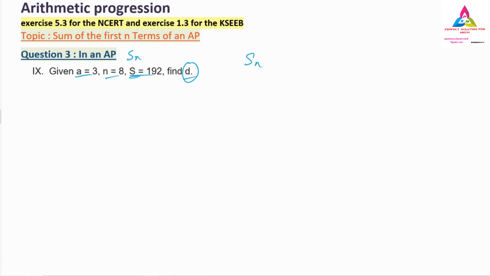So here you have to understand, the Sn formula has to be used. But which formula are you going to apply? Here we can't apply Sn is equal to n by 2 into a plus an. We can't apply this because we don't know the an value, but we know the a value.